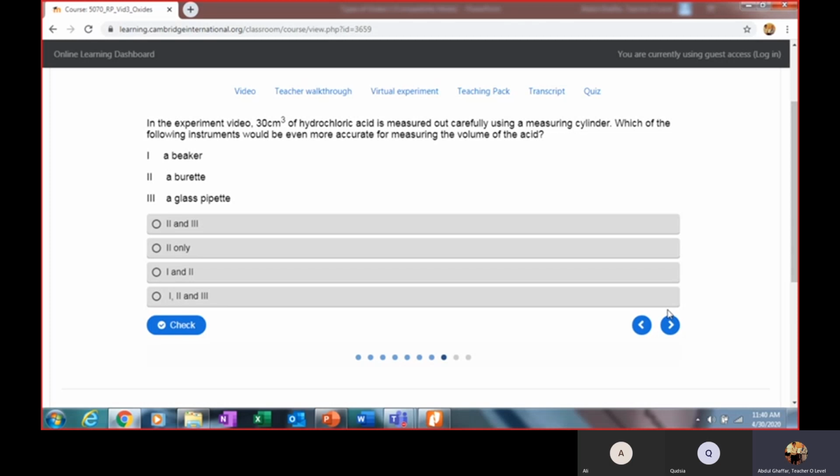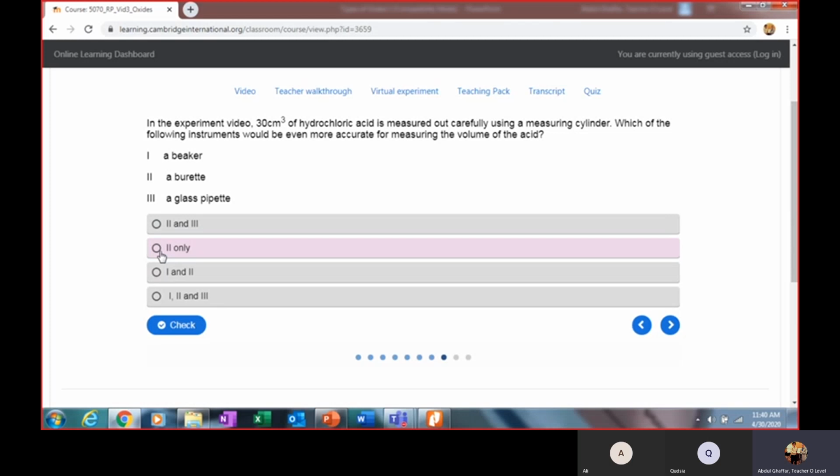A beaker, burette, a glass pipette. Look at the options. Burette.